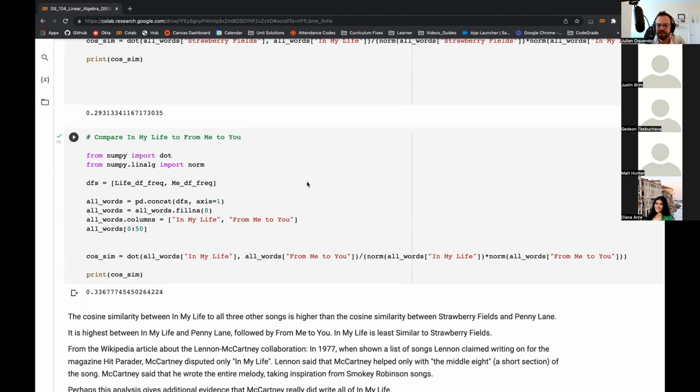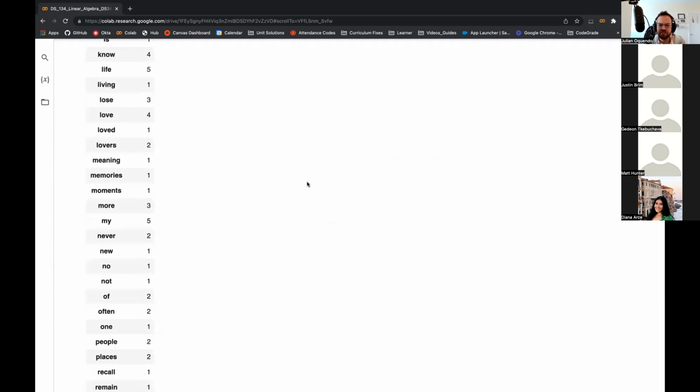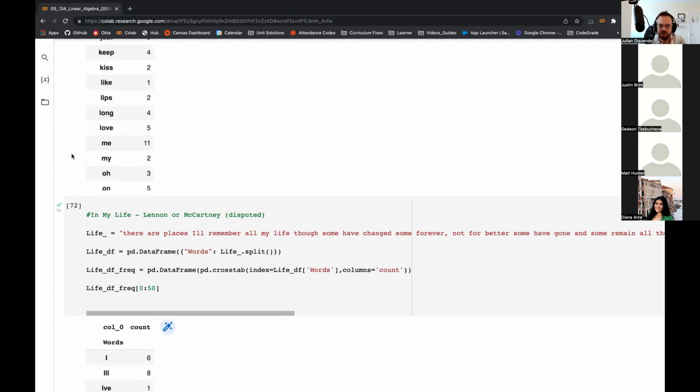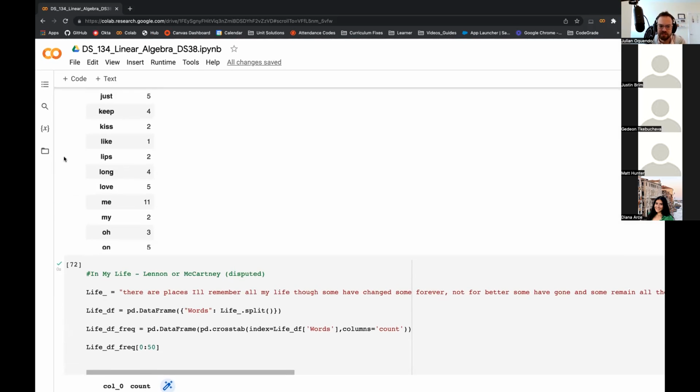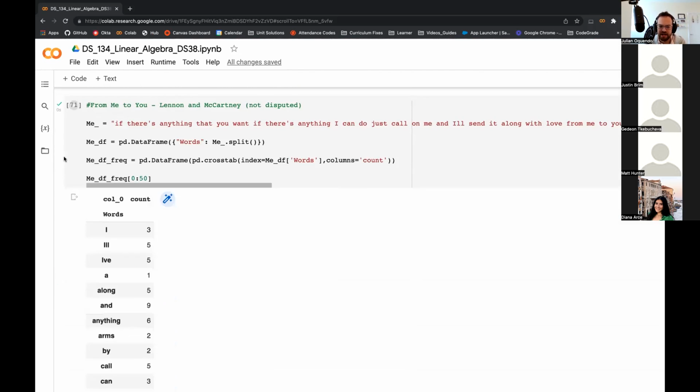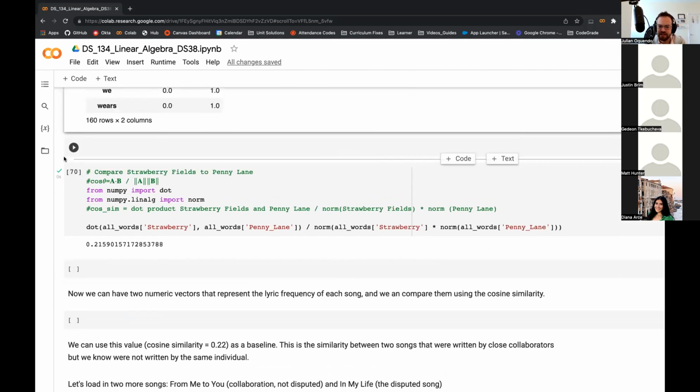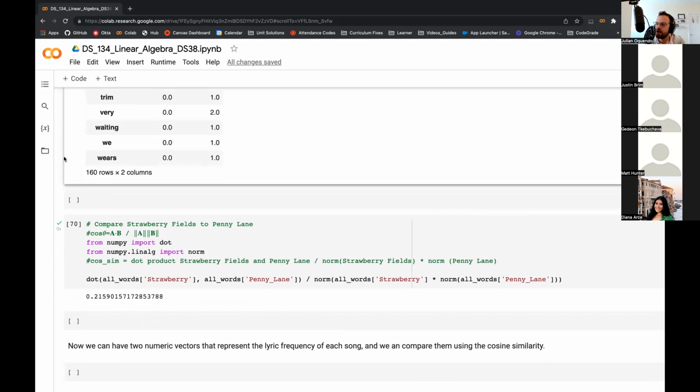Right. So the only way that we can determine that is by having a sufficient baseline. One of the things that's important to note is: is our baseline accurate enough as a baseline? Is this type of song significant? We started off with Strawberry Fields and Penny Lane as our baseline song, so is it possible that we can expect a very similar cosine similarity between two different sets of songs?